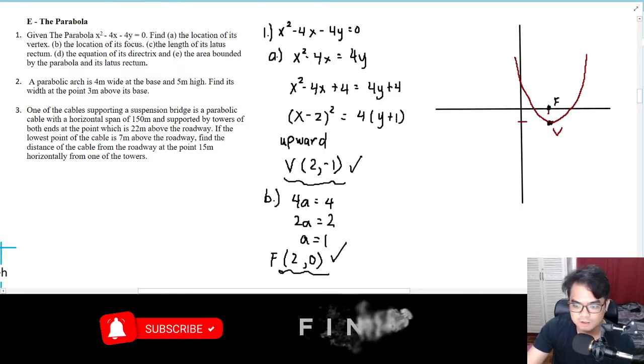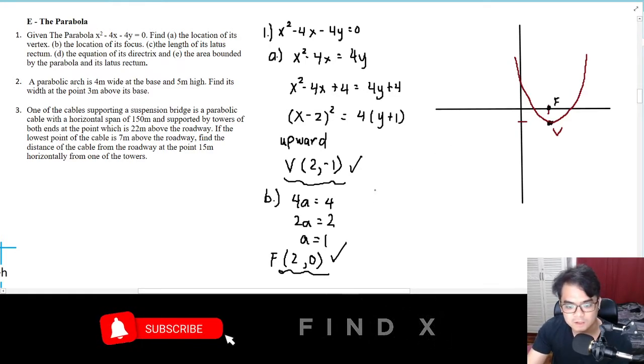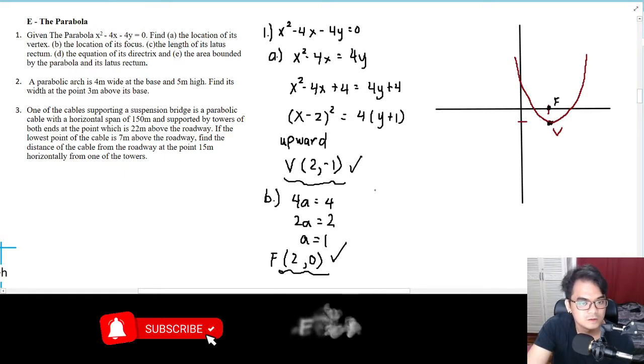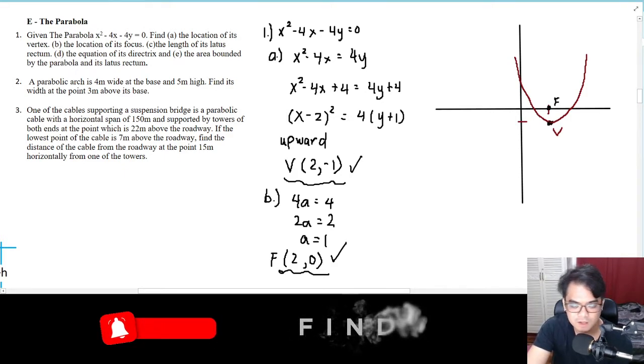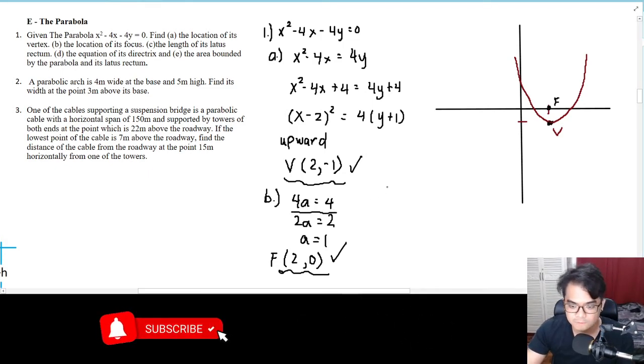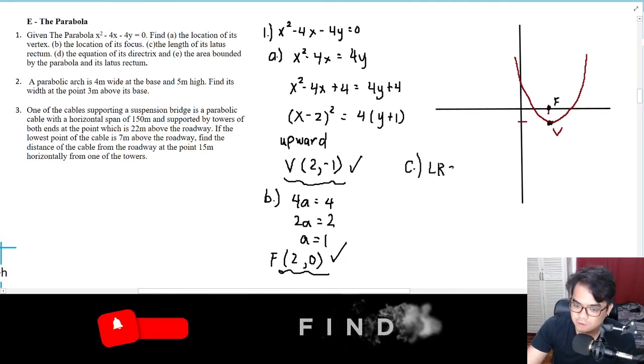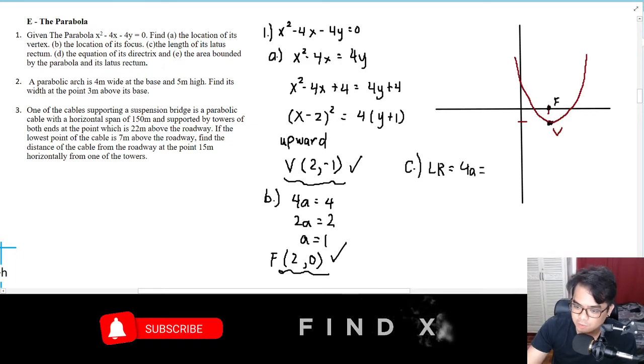And letter C is the length of its latus rectum. So we are asked to find the distance between the two latus rectum. Okay, so that is 4a. So that is this one. Therefore, for letter C, LR is equal to 4a equal to 4. And then the answer is 4.